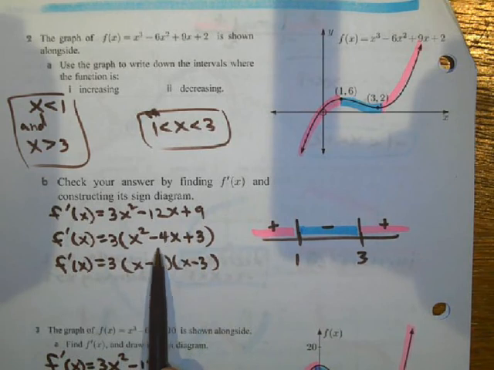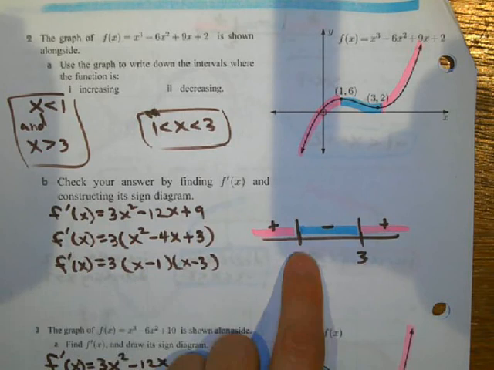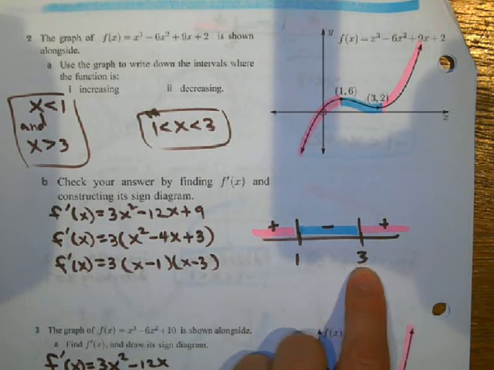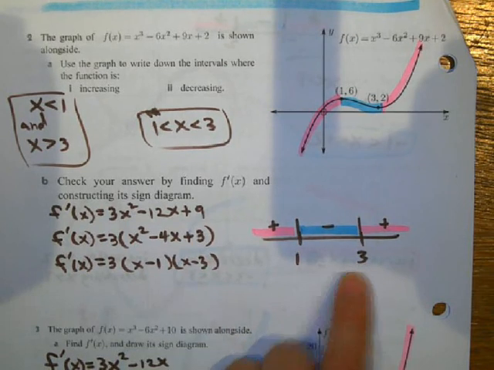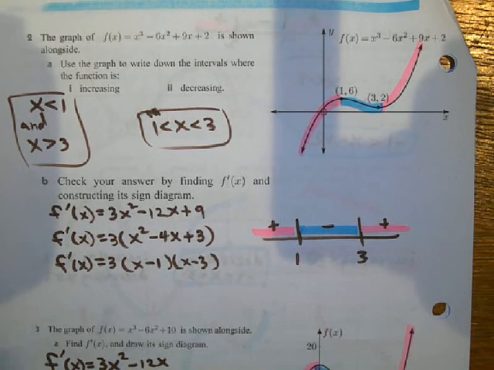It's going to be negative 1 times negative 3. So I can factor it like this. And so I know that one of my zeros is 1, and one of the zeros here is 3. Okay, so I know that I have a turning point at 1 and a turning point at 3.